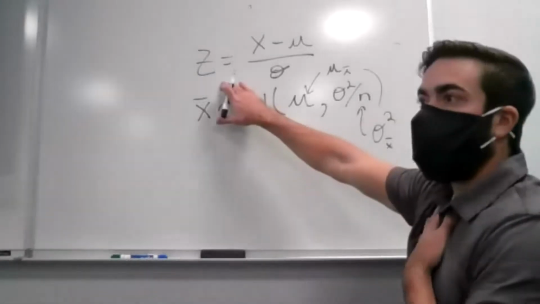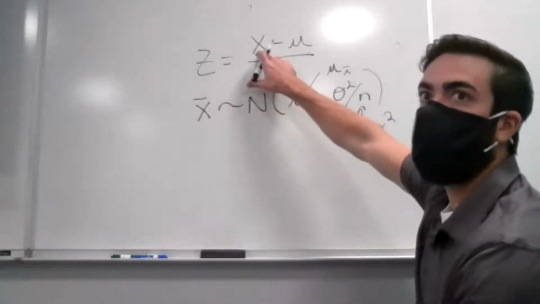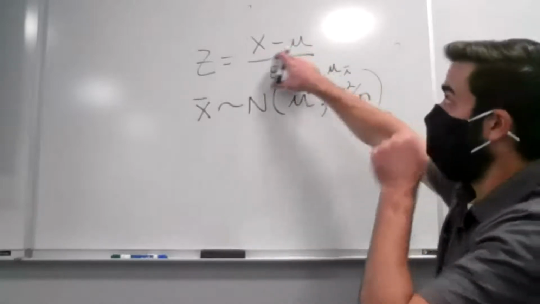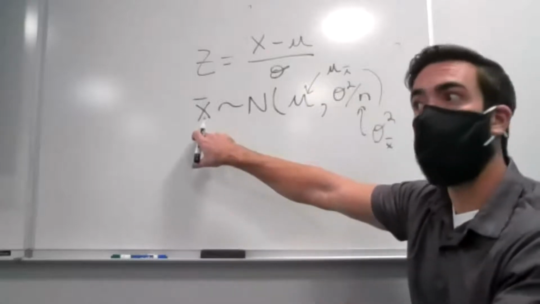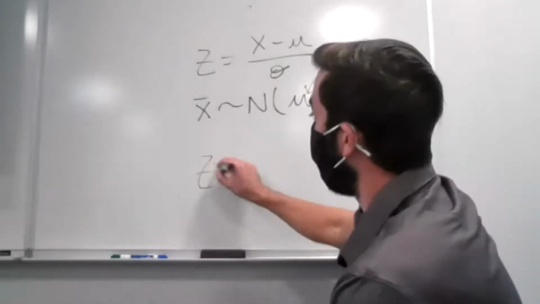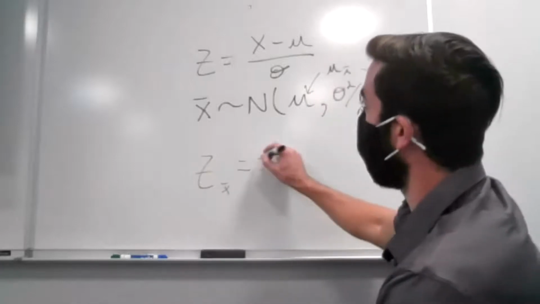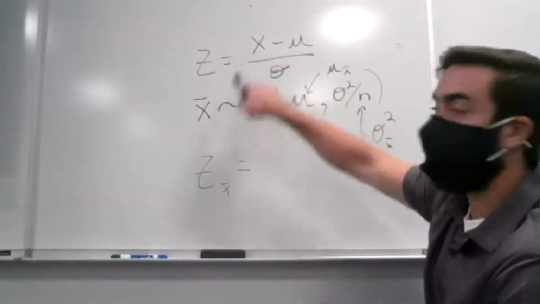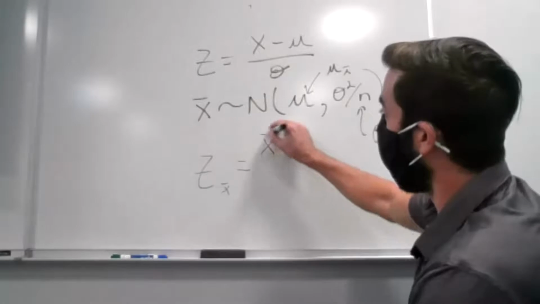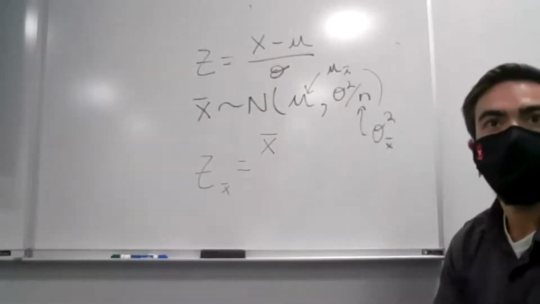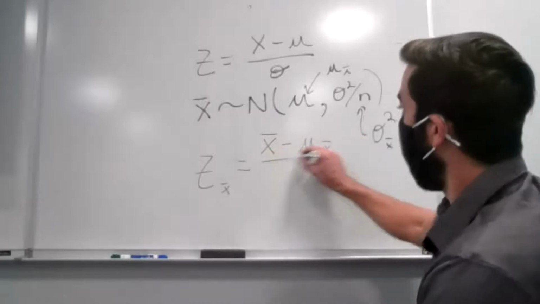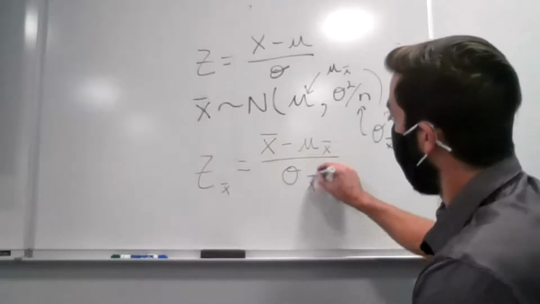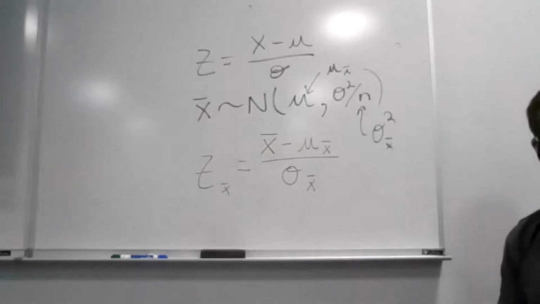When I find a z-score, I look at whatever variable I'm looking at, I subtract its mean, and I divide by its standard deviation. Well, now the variable I'm looking at is the sample mean. So when I'm creating that z-score calculation for the sample mean, instead of looking at cutoff values of x, I'm looking at cutoff values for this variable that is the sample mean. I'll then subtract the mean of my sample means and divide by the standard deviation of my sample means.